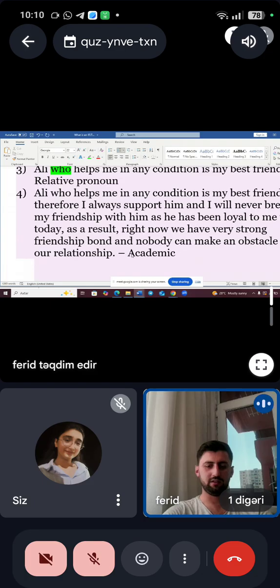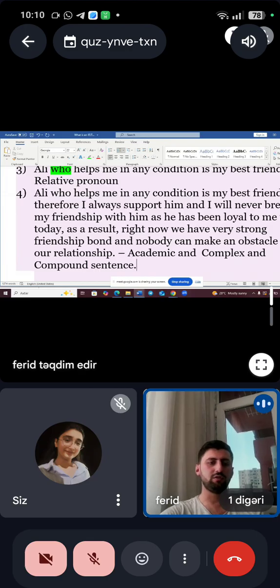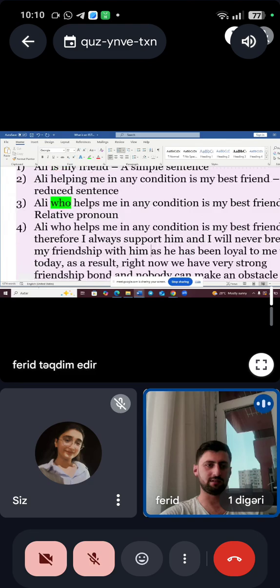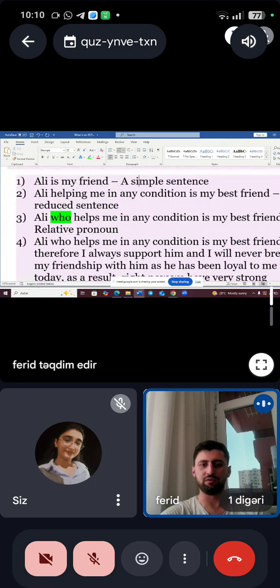Academic and complex and compound sentence. So it could be better if you write such types of sentences in IELTS in order to have more chances to show a lot of linking words, a lot of sentence structures, because if you only write the first sentence, Ali is my best friend, what will it show to an examiner?